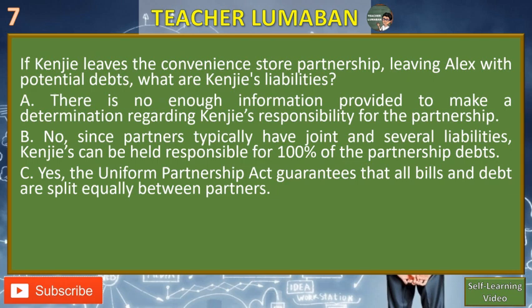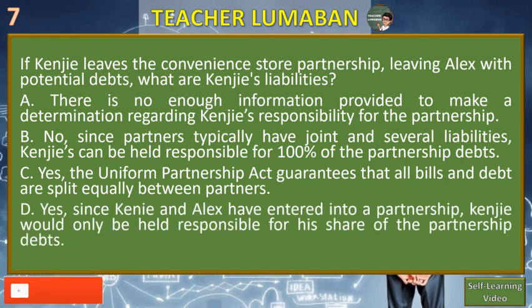C. Yes, the Uniform Partnership Act guarantees that all bills and debt are split equally between partners. D. Yes, since Keeney and Alex have entered into a partnership, Kenja would only be held responsible for his share of the partnership debts.